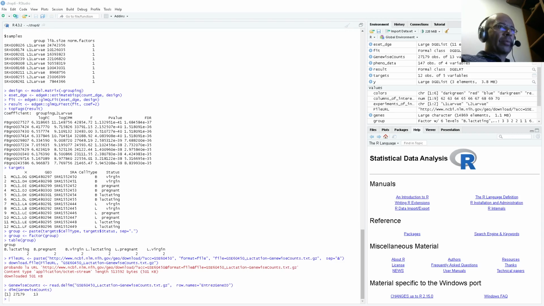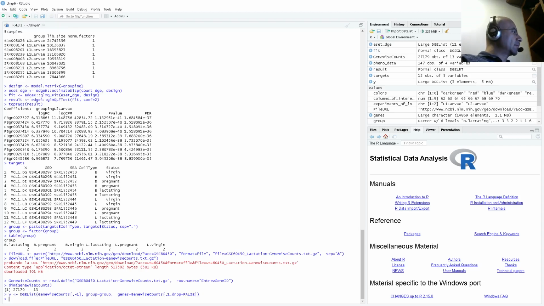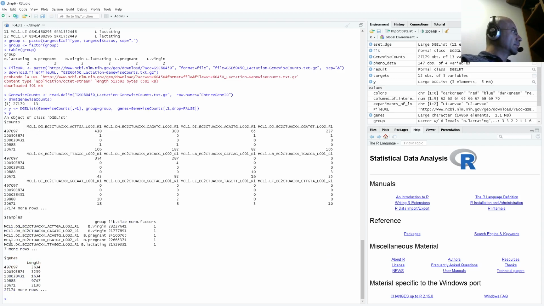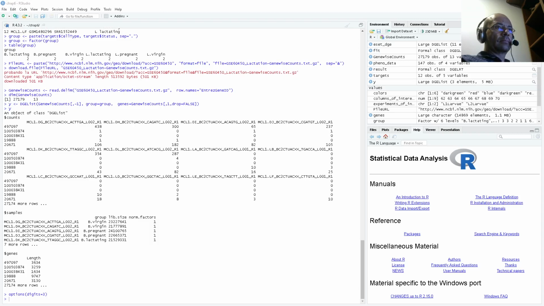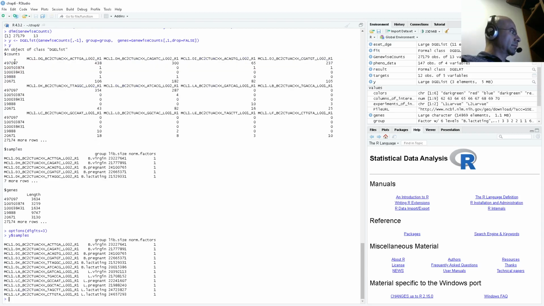And again, convert our dataset into a DGE object. With the following instructions, we will get the scientific values.